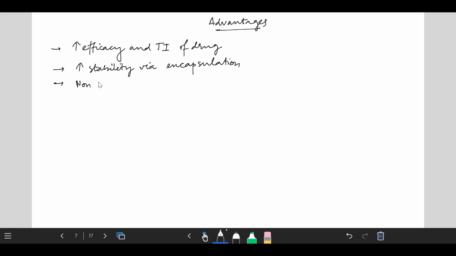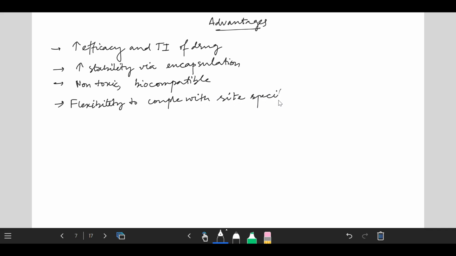Obviously, it is non-toxic, biocompatible, and has flexibility to couple with site-specific ligands to achieve active targeting. So these are the main advantages.